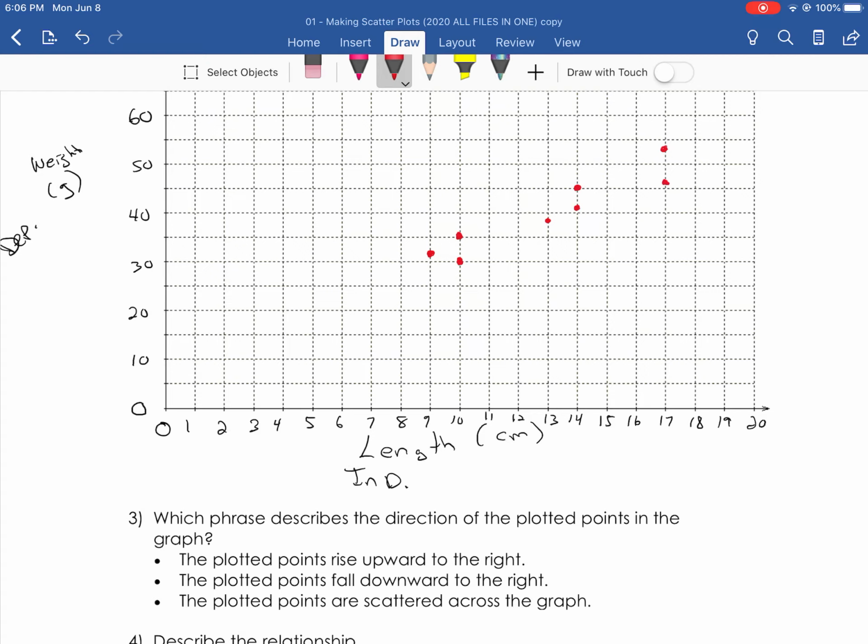There we go. That's what a scatter plot looks like. A dot for each piece of data. Each dot you see here represents one of the puppies on the list.